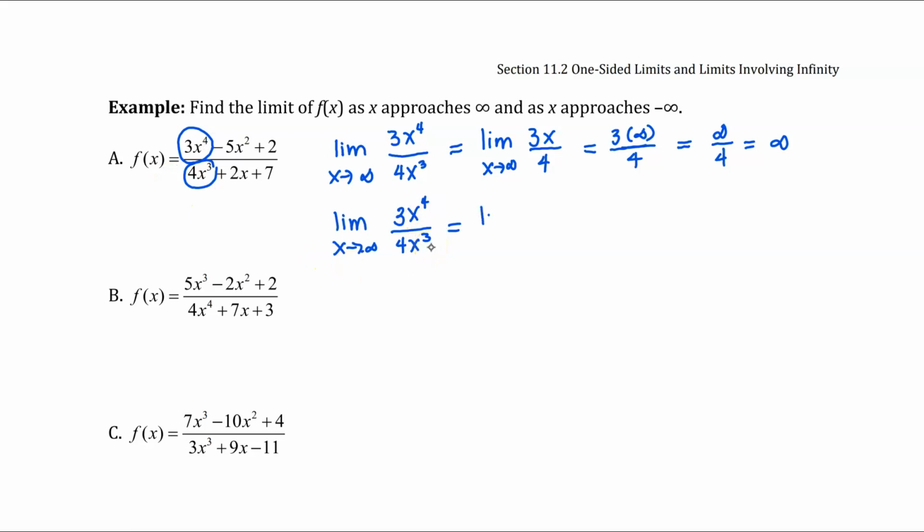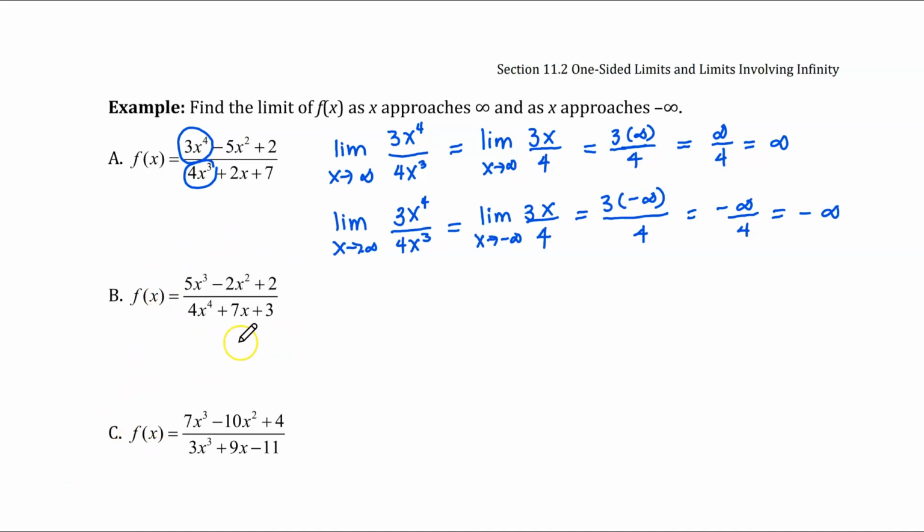You will still end up with 3x over 4. Limit as x approaches negative infinity. This is equal to 3 times negative infinity over 4. Now 3 times negative infinity is negative infinity, divided by positive 4 is negative infinity.